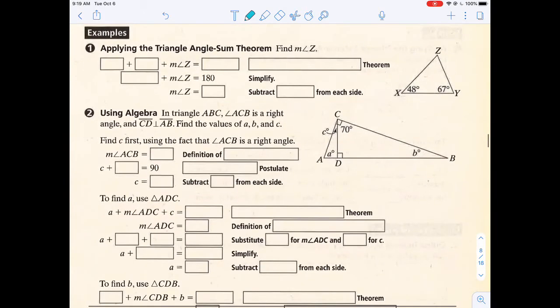All right, let's take a look at some examples here. Example 1, applying the triangle angle sum theorem. It says find the measure of angle Z. So we know that all three angles add up to 180. So 48 plus 67 plus whatever Z is has to add up to 180 by the triangle angle sum theorem.